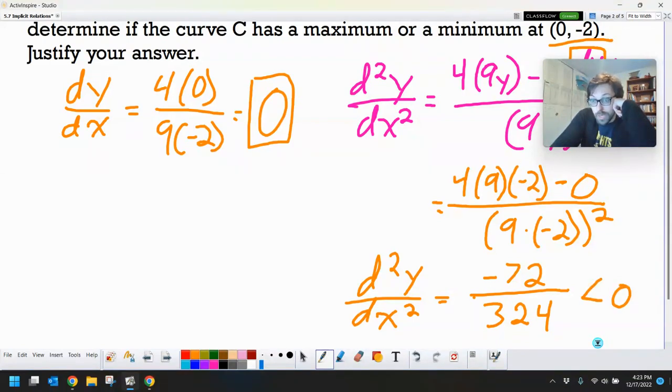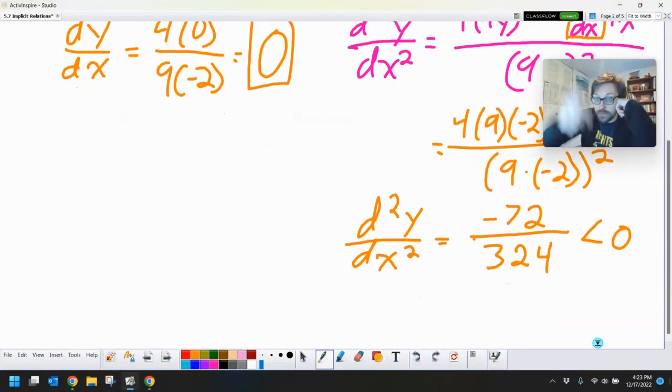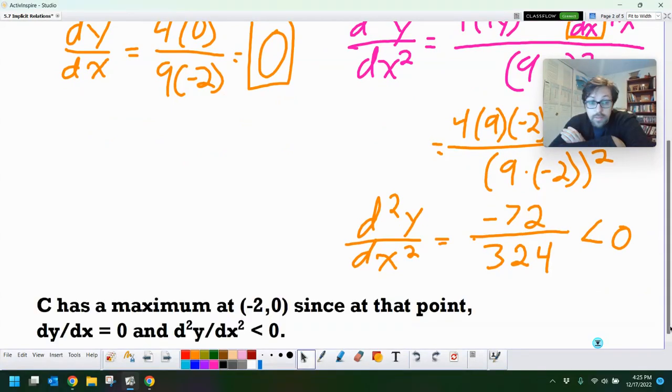At this point, we're concave down, it should be a maximum. So now we just want to write out our statement. So C has a maximum at (negative 2, 0), since at that point our derivative equals 0 and d squared y over dx squared is negative. You could add that by the second derivative test, it has to be a maximum, but it's nice to have. I don't think it's a need to have for this problem.